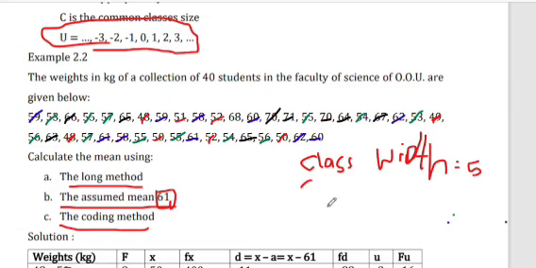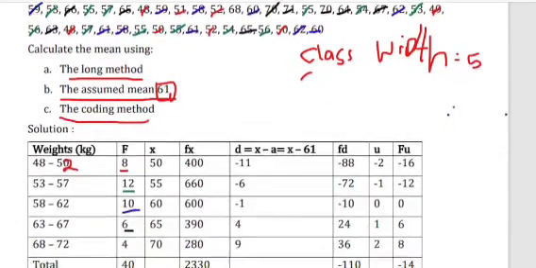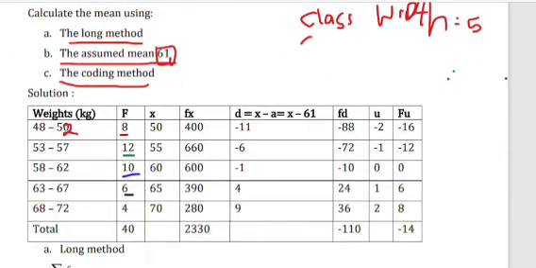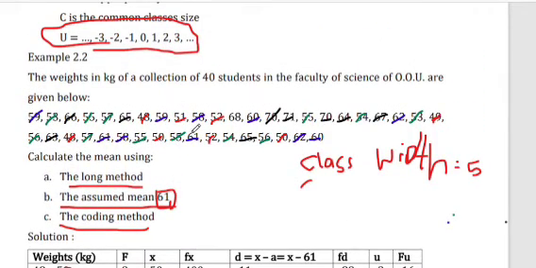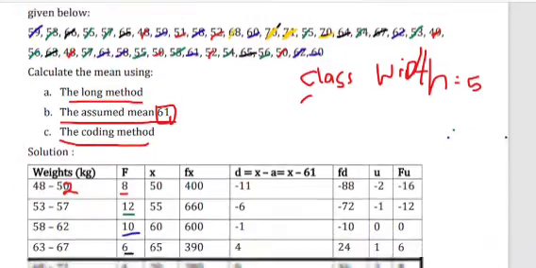So we are doing 68 to 72. 68. Okay, this one. 1, 2, 3, 4. Is there another one that we have not done? No. So it's these 4 of them. So that is why this is 4.